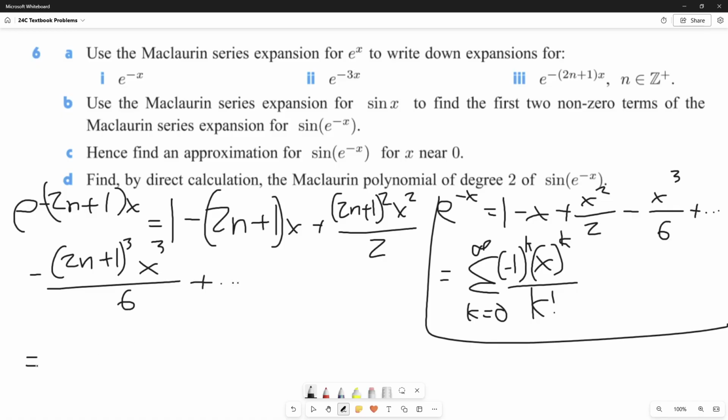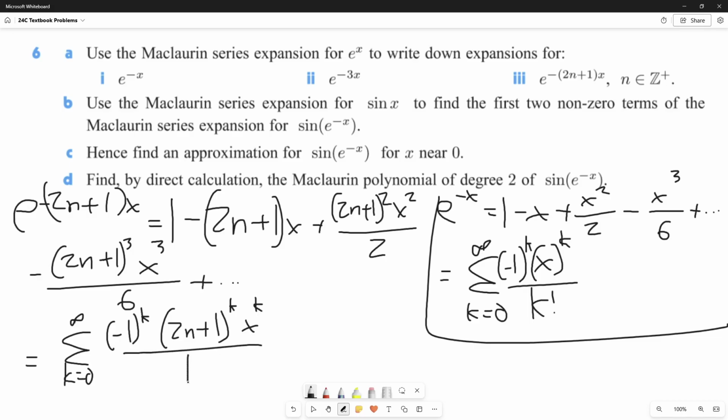In the sigma notation, we plug in negative (2n plus 1)x for x, as always. So k from 0 to infinity of negative 1 to the k times (2n plus 1) to the k, x to the k, over k factorial. And that's your answer for part 3.